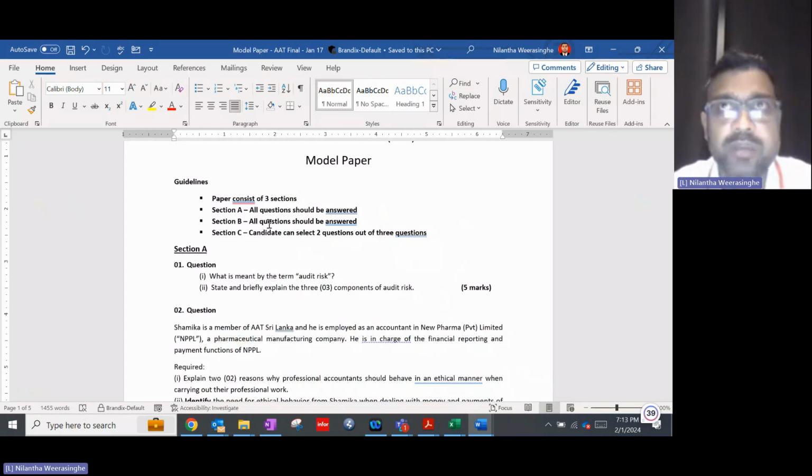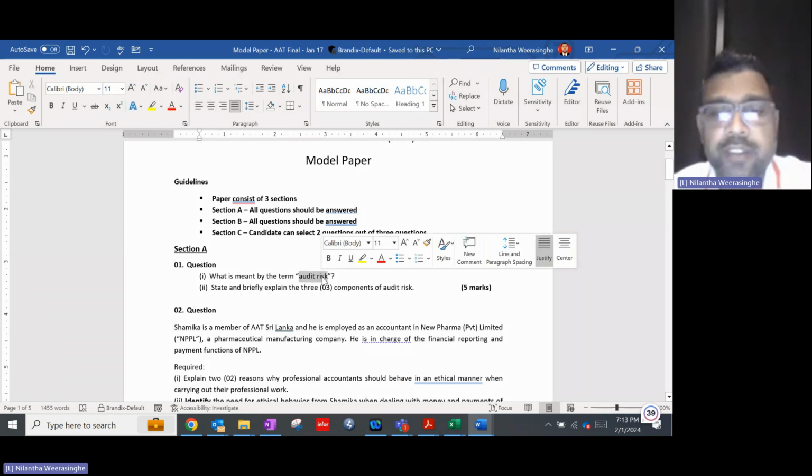Don't expect such straightforward questions in the exam. The examiner will give you some background before the question, but I'm not worried about that background. I want you to focus on the real requirement of the question, because the ultimate objective of the examiner is to get the answer. That's why I have taken this straightforward version.